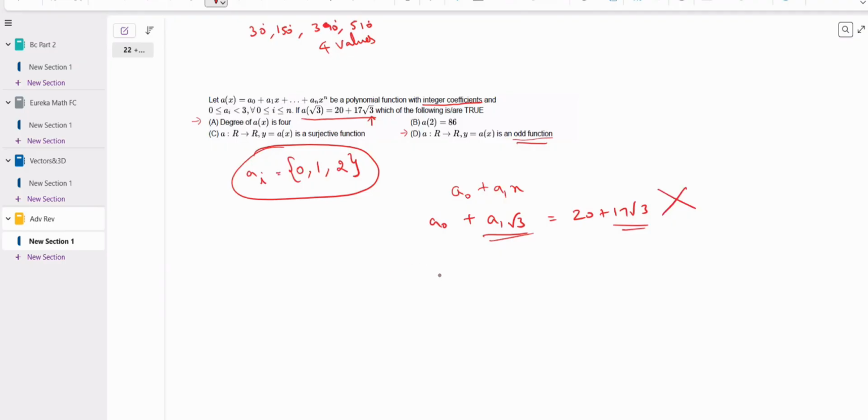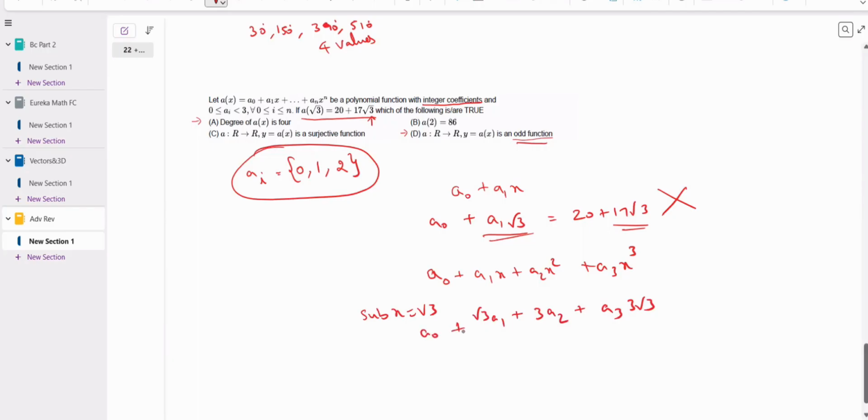If you next go cubic, say I have a naught, a1x, a2x square, a3x cube. Going to the cubic and substituting x equal to root 3, this will become a3 times 3 root 3, this will become 3 a2, this will become root 3 a1, and plus a naught.